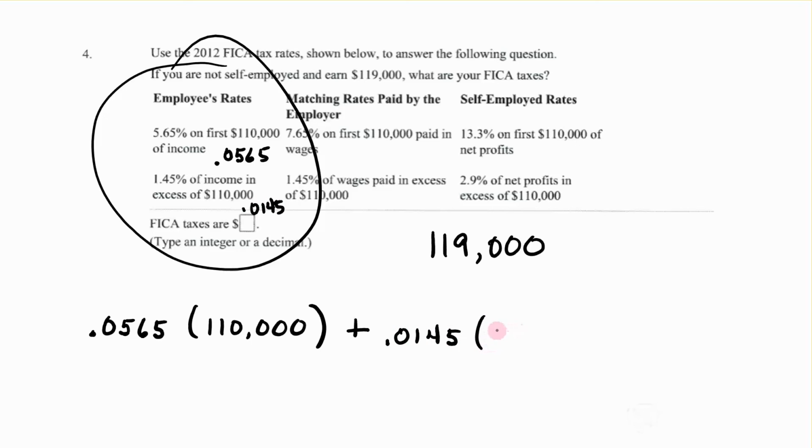Now the excess is the difference, 119,000 minus the 110,000. This is in excess. It's what the difference would be. So this will be your FICA.